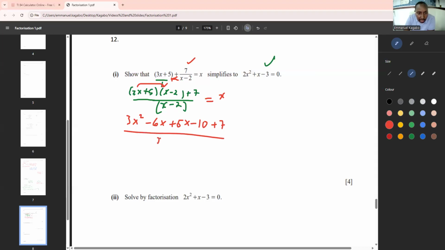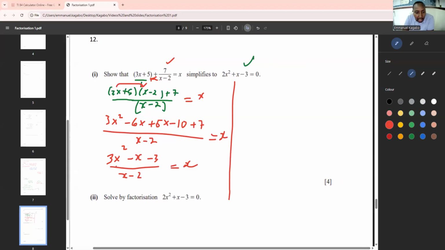Over x minus 2, so we need to collect like terms. We have only 3x squared, which is power 2, then minus x, and this one will be minus 3. Here it was equal to x. All together here, good.